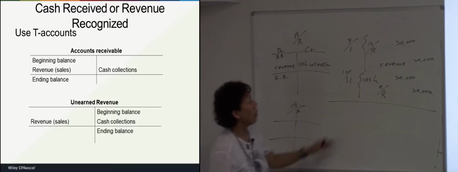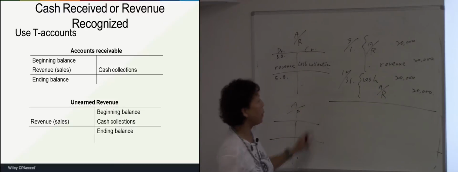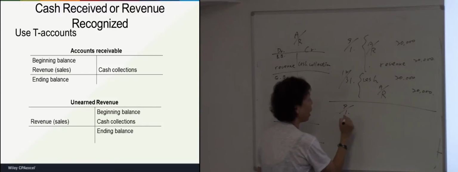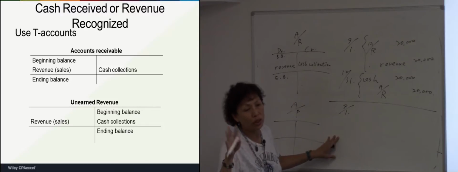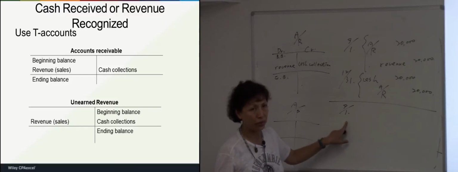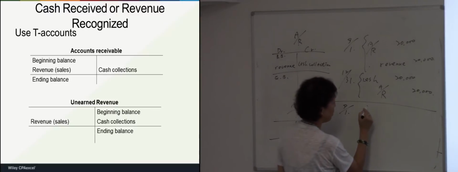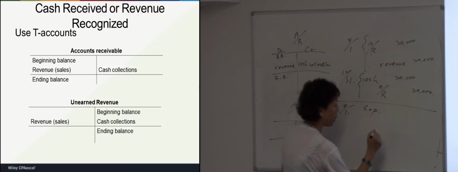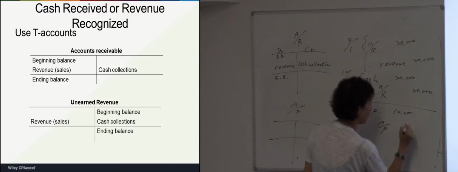Okay, and for accounts payable, assuming that we purchase something from a supplier and incur an expense on September 1st, then I would debit expense and credit accounts payable. Let's say it's 10,000.